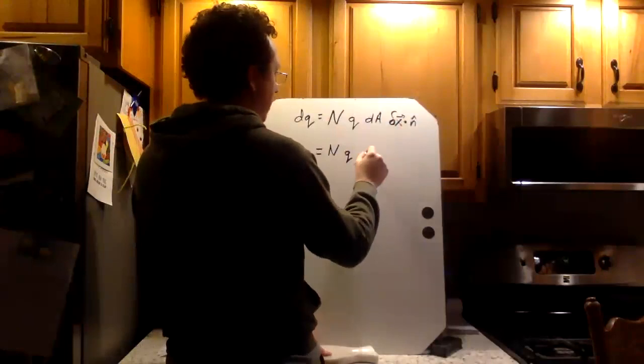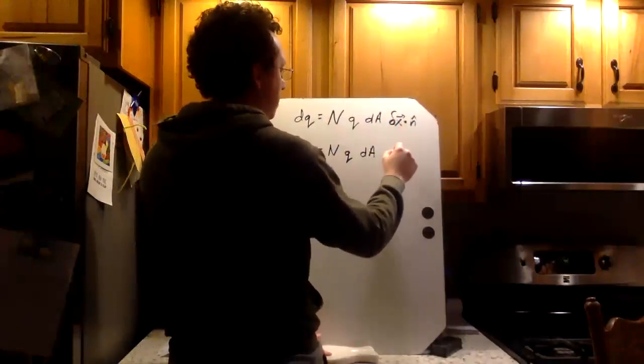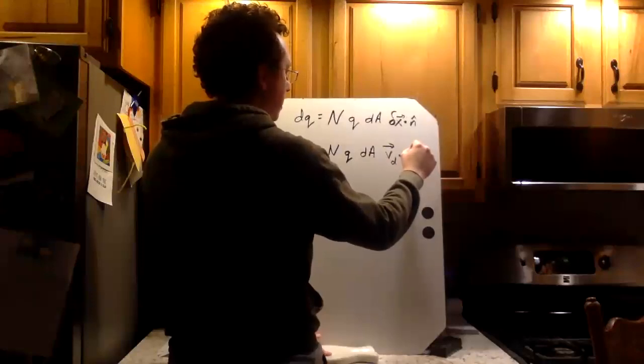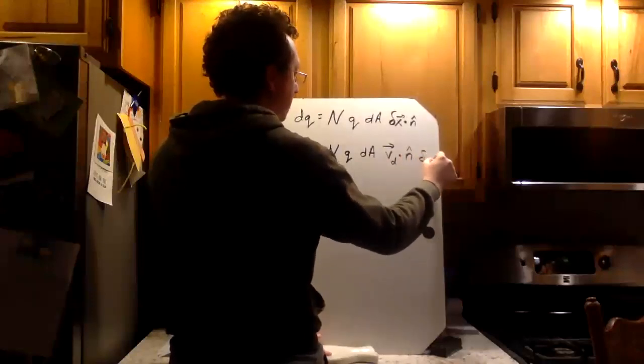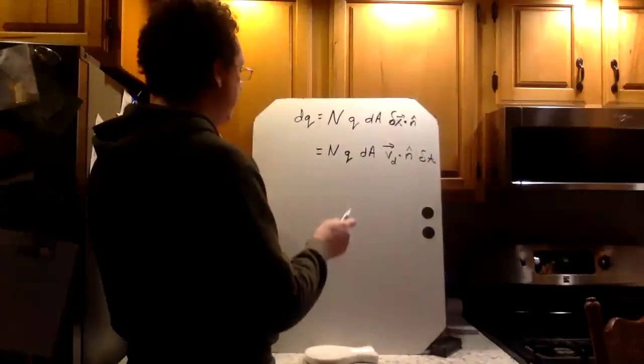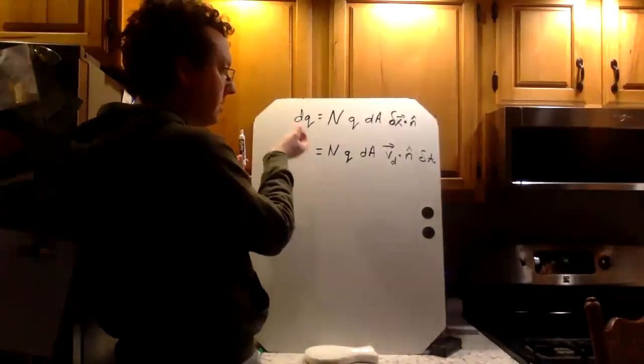Anyway, times dA times the drift velocity dotted with n times time delta t.